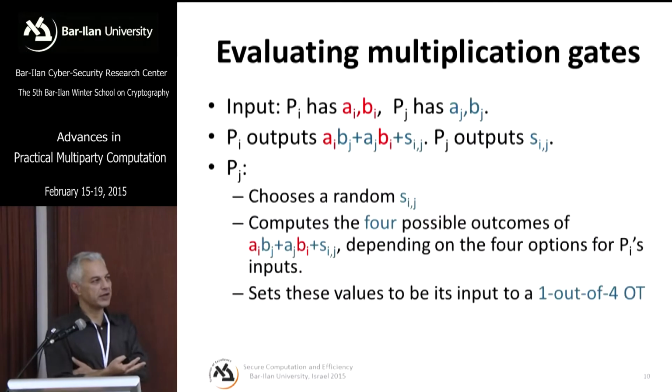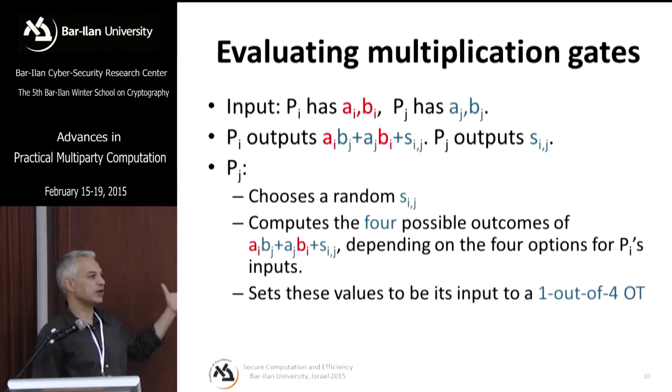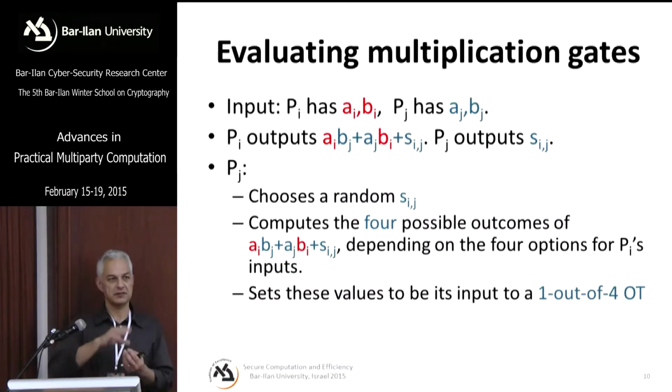So Pj goes over the 4 possible options for Pi's input and computes what Pi's share would be, just by assigning these options to the red variables and computing what the value of this expression would be. Okay? So basically what Pj gets here is 4 values, and then Pj and Pi run an Oblivious transfer.